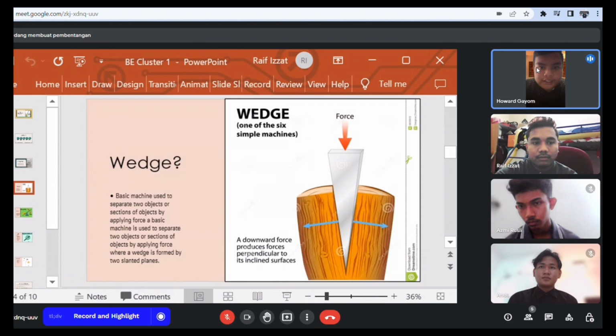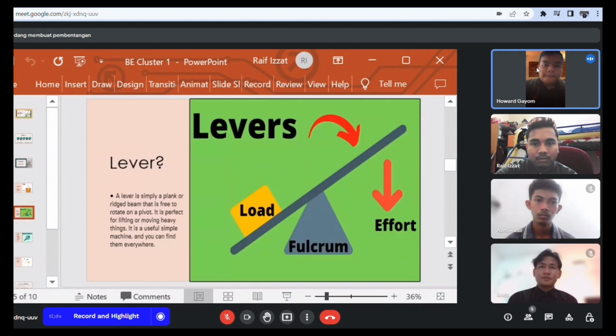First of all, wedge. Wedge is the basic machine that is used to separate two objects or sections of an object by applying force. The second one is lever.